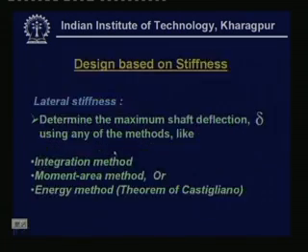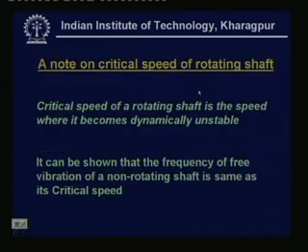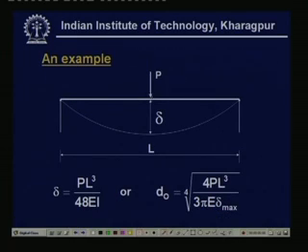Now, coming to the next slide, we find an example. A simple beam acted upon by a load P at the central location. Here we can find the maximum deflection. Obviously, the maximum deflection will occur over here, and the basic equation for this deflection delta is PL cubed by 48 EI.